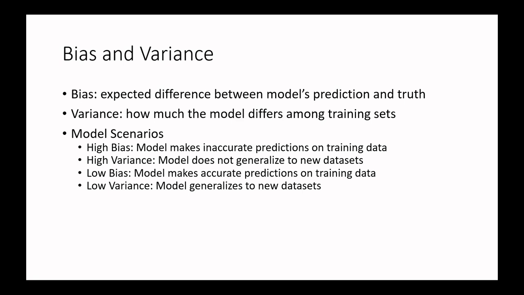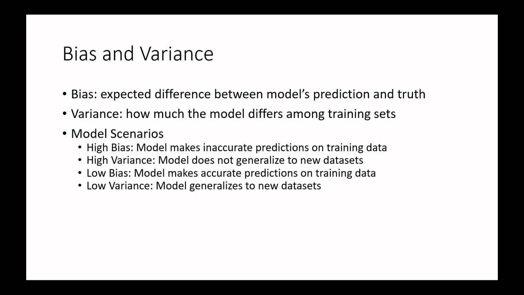High bias models make inaccurate predictions on training data. High variance models do not generalize well to new data sets. Low bias models make accurate predictions on training data, and low variance models generalize to new data sets. So basically what you should be doing is going for models that have low bias and low variance. That way, anything that you get is likely to be very useful and do a good job when you deploy it for an actual application.